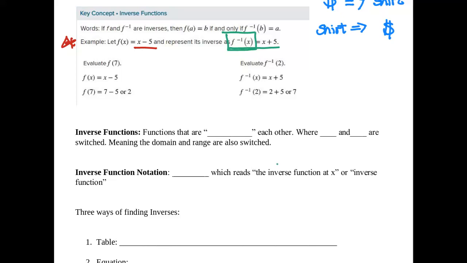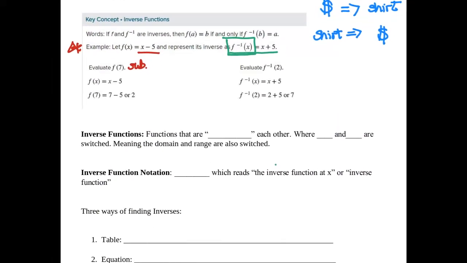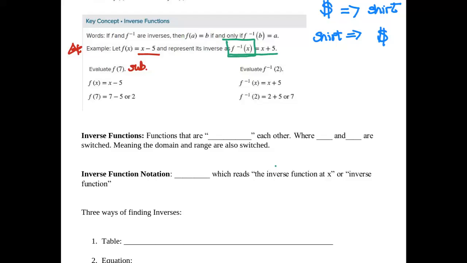So it says evaluate with the function where x is equal to 7. So you are going to substitute 7 in place of x. So the function of x is x minus 5, and when x is 7, 7 takes its place, and we get 7 minus 5, which is equal to 2. All right, so we get 2.